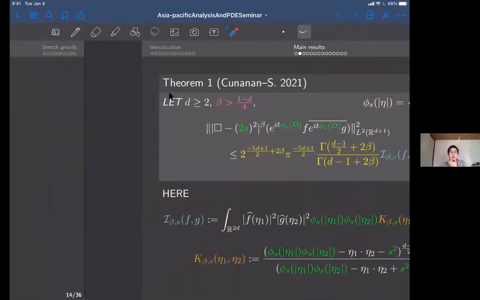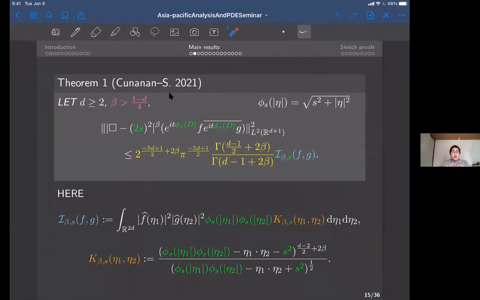Here's our main theorem. The green parts are the difference from the wave case. So first we have a box subtracted by this 2s squared thing. So it's kind of a null form, but it's a bit different. And then you have a plus wave and minus wave, and take the L2 norm.